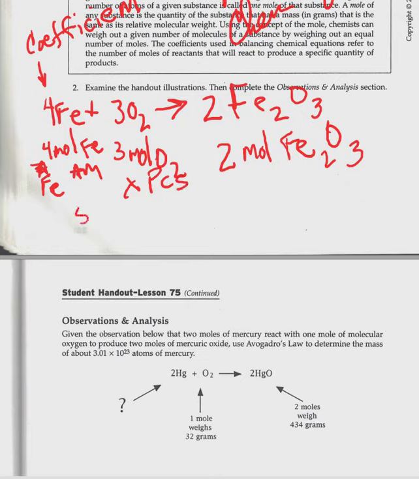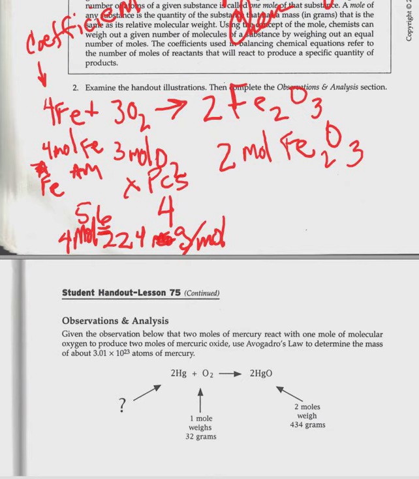Its atomic mass is 56. We have 4 moles, so 56 times 4 is 224. Its atomic mass for 4 moles equals 224 grams per mole.